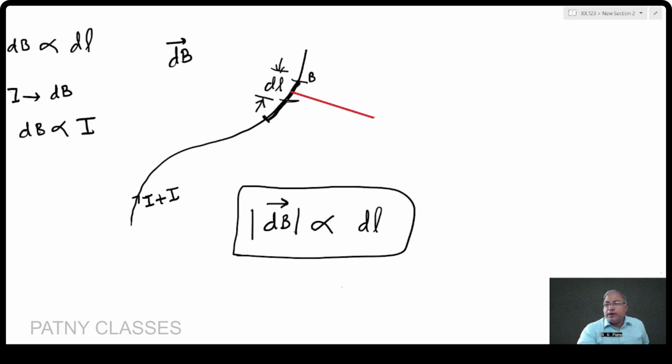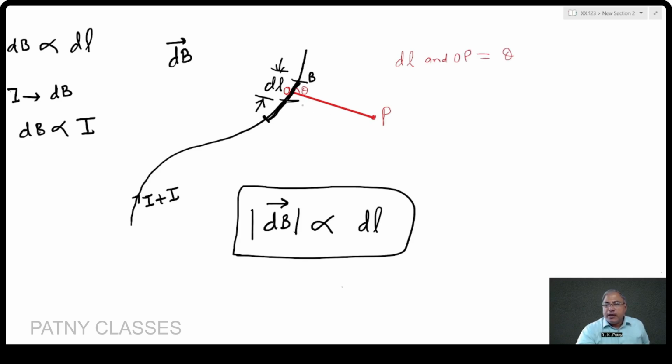Now one more thing, here was the point P and this is the angle between what? The angle between dl and, let us call this point O, OP. So the angle between dl and OP is equal to theta.